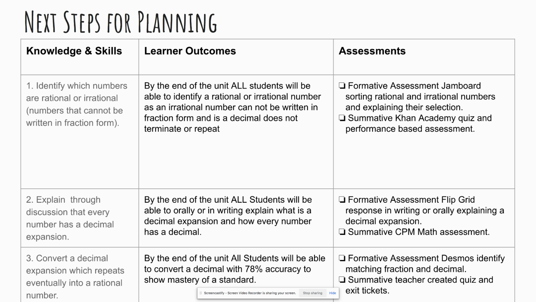We should include both formative and summative assessment measures. That formative assessment measure is going to help me in real time. So while I'm teaching, I'm asking questions, I'm engaging students in activities that allow me to collect evidence and see, are we ready to go on? Or do I need to pause here and reteach?